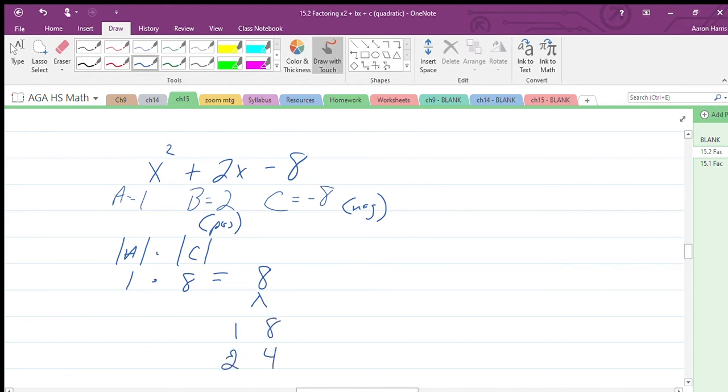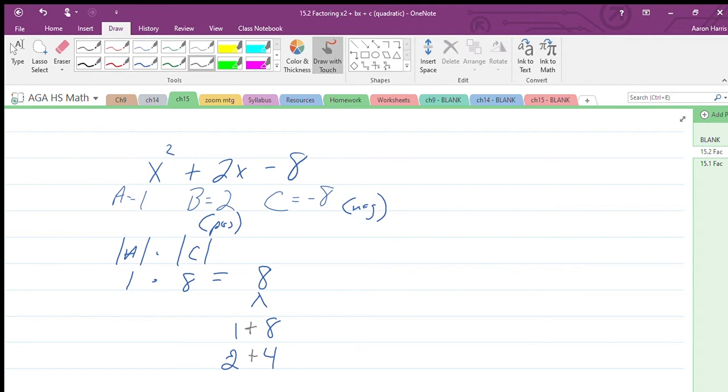That's it. Okay, but now I have C being negative, B being positive. We said that if that is true, we need a positive and a negative. Since B is positive, the bigger number needs to be positive. So 8 and 4.